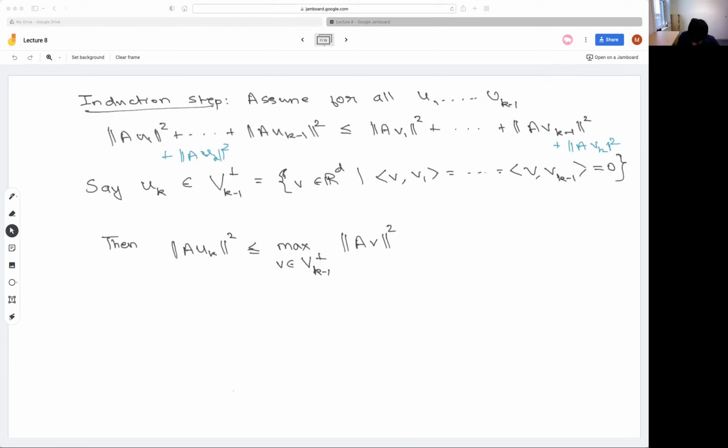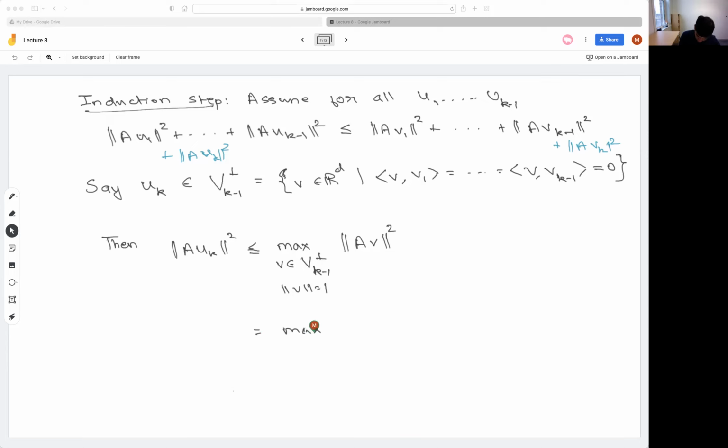There are a few different ways of doing this, but the norm of A times Uk squared is, since Uk belongs to the subspace V(k minus 1) perp, upper bounded by the best vector we can choose in this subspace, which maximizes the norm.